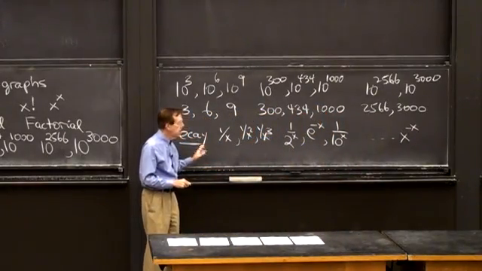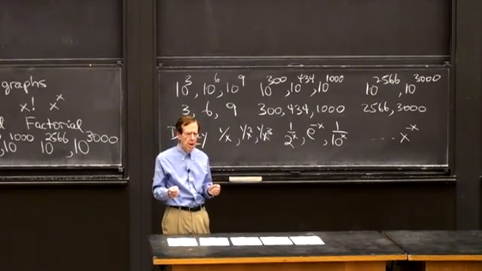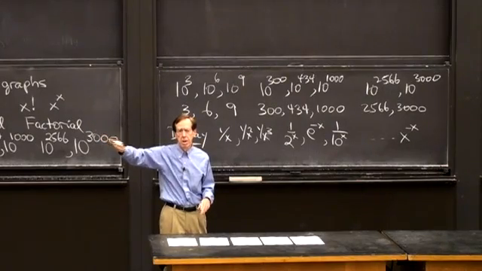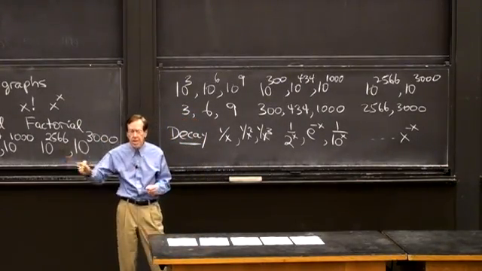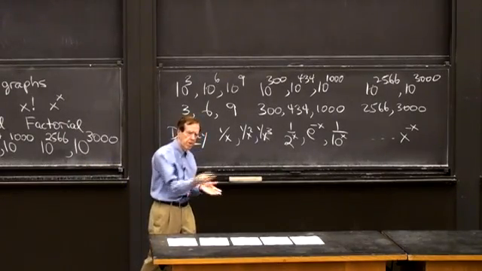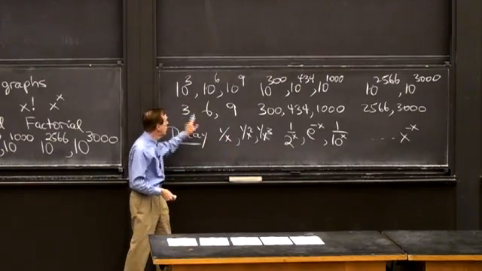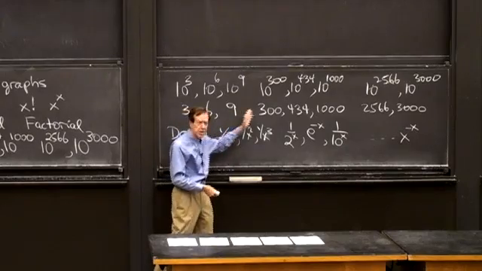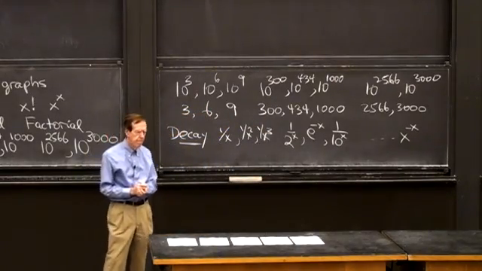So my point is just that we have a scale here that not only gives us a handle on how to deal with things that are growing very fast, but also things that are going to zero very fast. The logarithms of these things would be minus 3, minus 6, minus 9, and so on, if I divide by 1. Good.